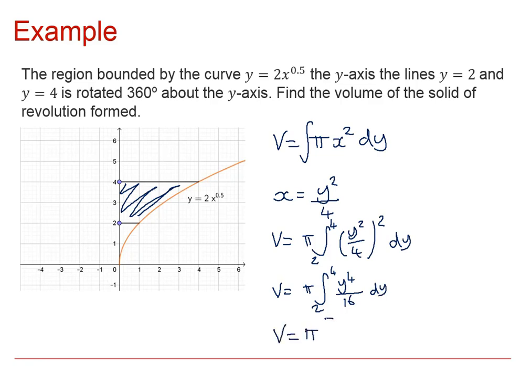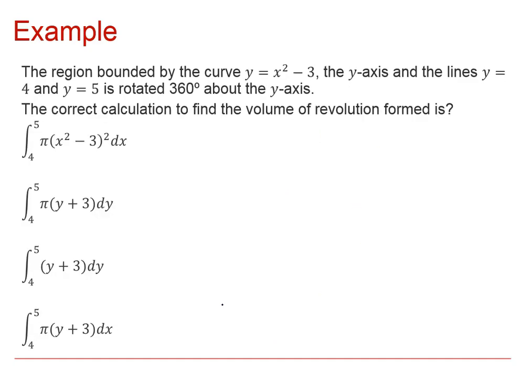And when we do that integration, we get y to the 5 over 80 between 2 and 4. And when we work that out, you can see that the actual integration has been fairly straightforward. What's important is that you remember that you need x in terms of y, you need to integrate with respect to y, and that these limits here, c and d, are in fact on the y-axis, not the x-axis.